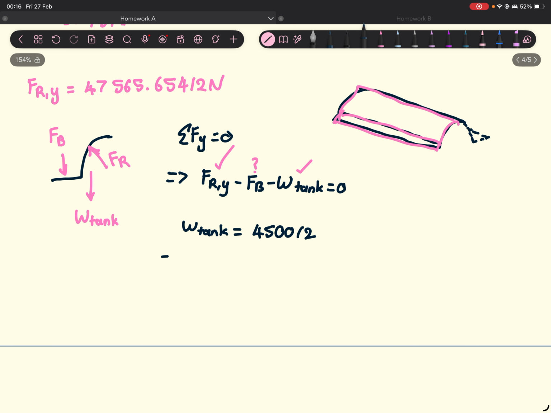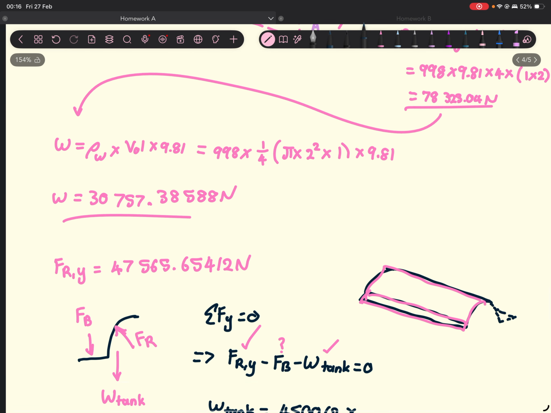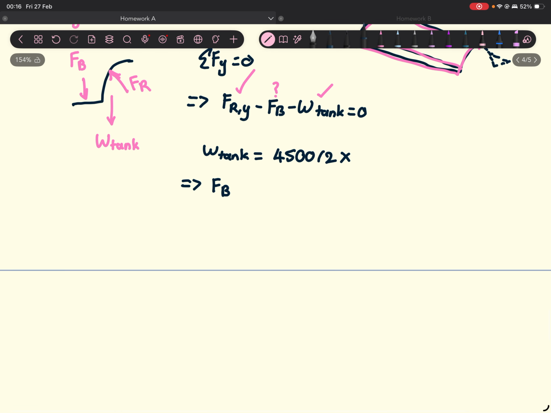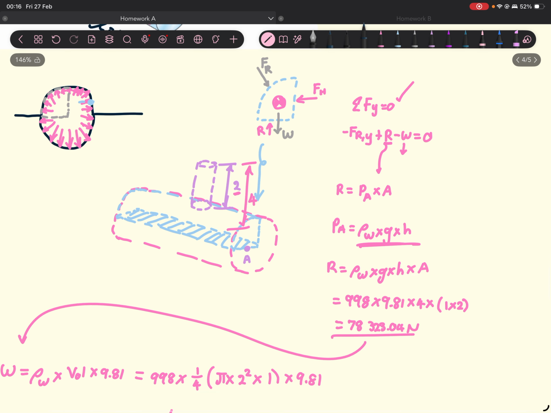And then we can rewrite our equation for the bolt. So force of the bolt will be equal to, this is wrong, so it's 4,500. Oh no, it's correct, sorry, I thought this was kgs. It's in newtons, which is fine.